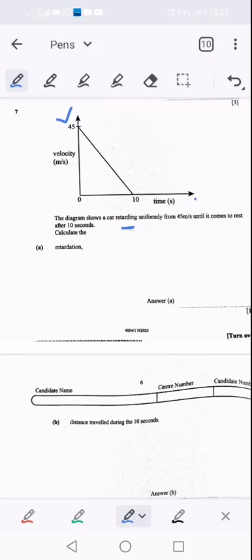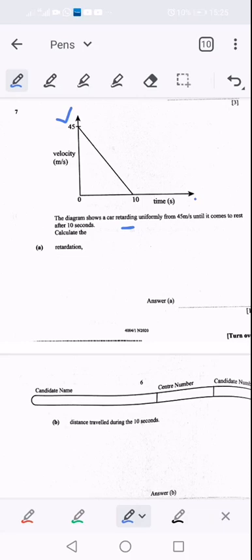Right, the way that you are going to calculate retardation is the same way that you are going to calculate deceleration and acceleration, because retardation means deceleration. So when you calculate acceleration, you use the same formula, and also when you calculate retardation. What is the formula for calculating deceleration or acceleration?